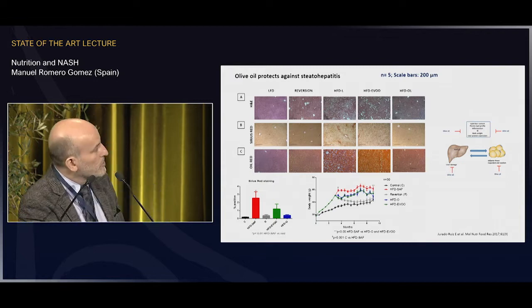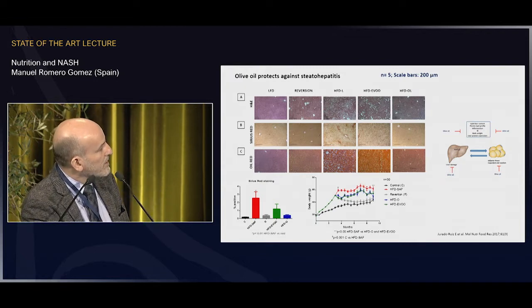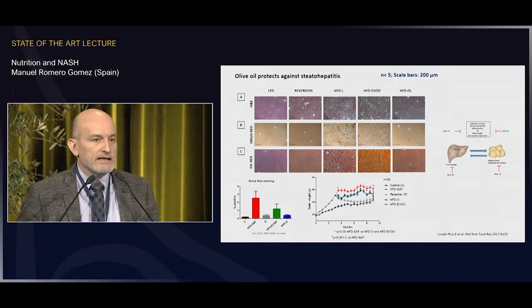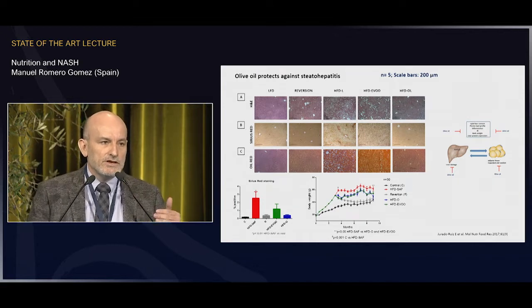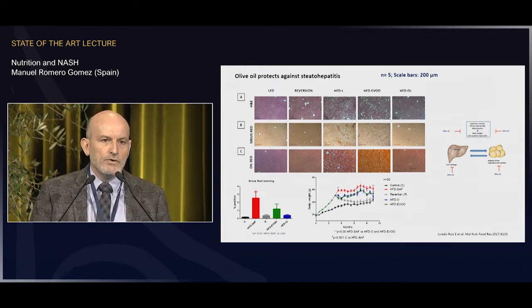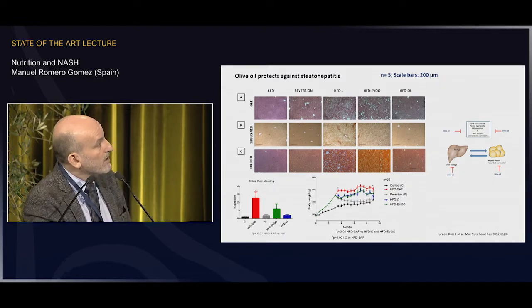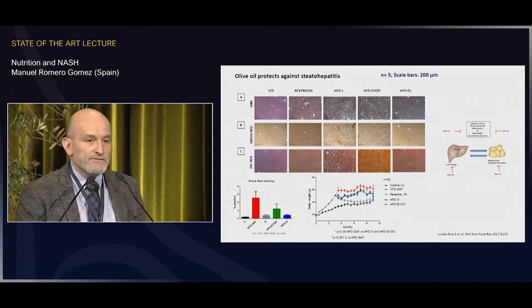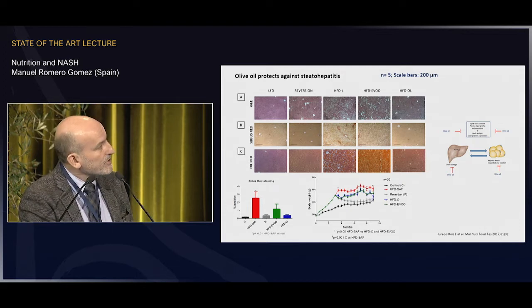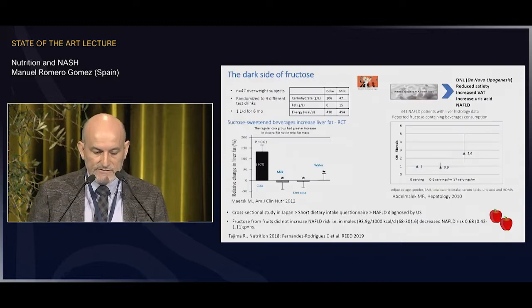Fibrosis was much lower in comparison with the high-fat diet. That means it's not the key point to grow up the body weight. The key point is how you are growing up the body weight, and we need to modulate exactly what we are eating, because olive oil could be very helpful in improving the metabolism, the inflammation in the adipose tissue, and also, of course, the NAFLD.